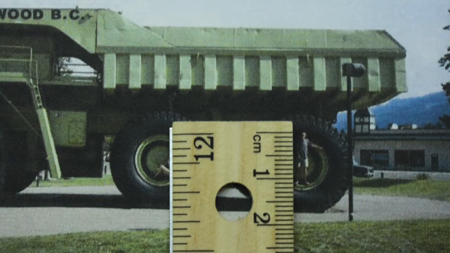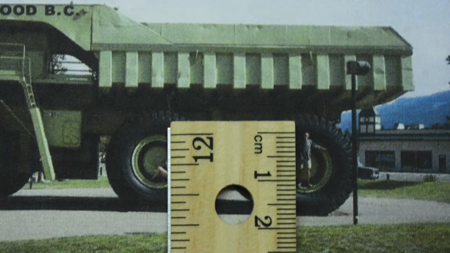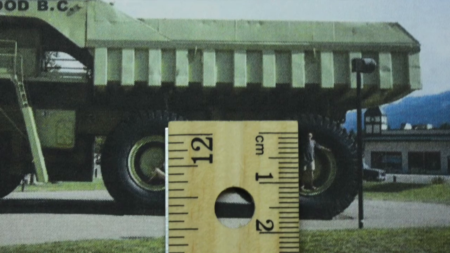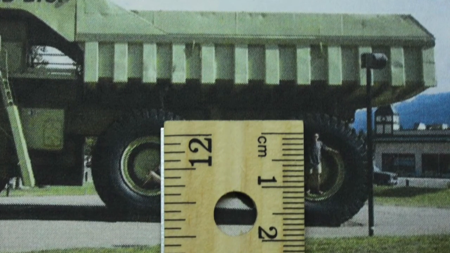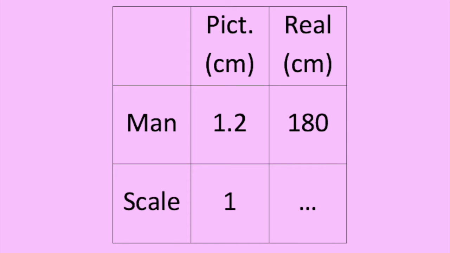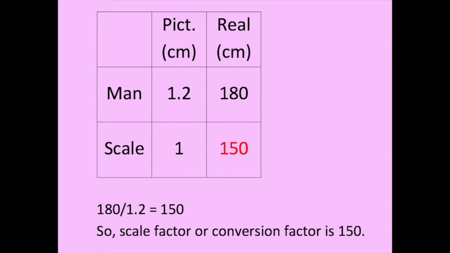So I measured it, and the guy is 1.1 or maybe 1.2 centimeters tall. If in reality he is 1.8 meters tall, this would give us the conversion or scale factor that in reality everything is 150 times as long as is shown on the picture.